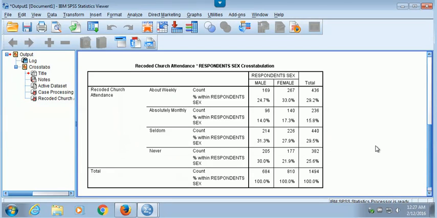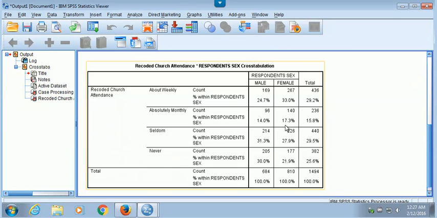Start looking at this box, and what you can see is if you look at the percentages across the rows, you're looking at a comparison across these rows to see if there's a substantial difference between the sexes and whether or not they go to church on a regular basis. So if you start looking at this, you will see that in About Weekly, about 8% more females go to church About Weekly compared to males.